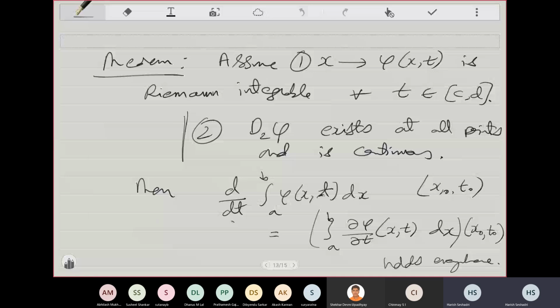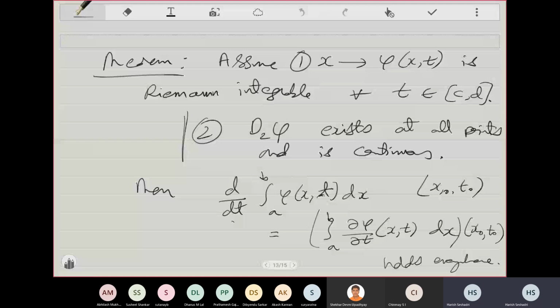So anyway, let me just make one remark before I end today's lecture. Theorem 7.16. Actually, I will make a correction.